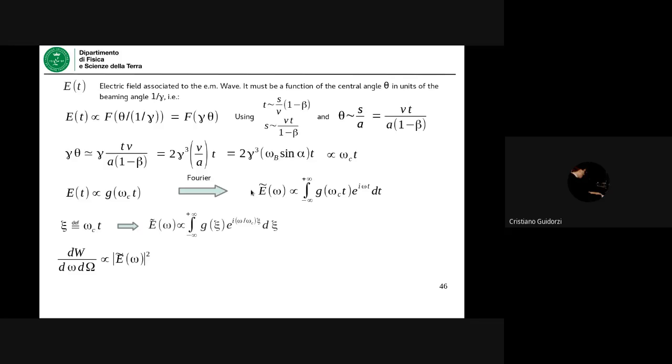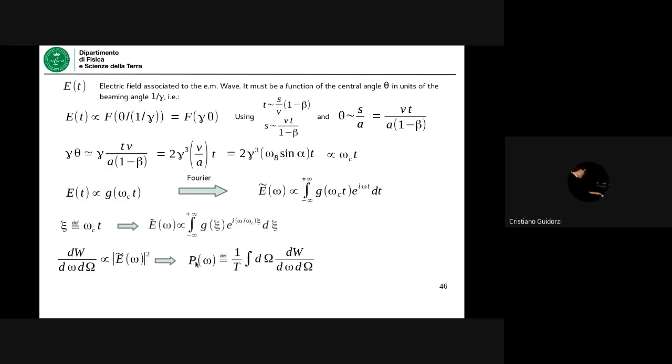But that means that now let's remind ourselves what the power that we measure depends on. Well, as I said, the power scales with intensity. So in particular, when we move to the frequency domain, it's just the modulo squared of the Fourier transform of the electric field, E tilde. So the power, I remember, this is dW over d omega d capital omega, which means energy per unit frequency per unit solid angle.